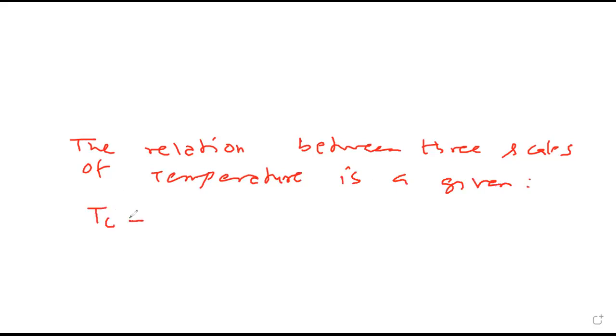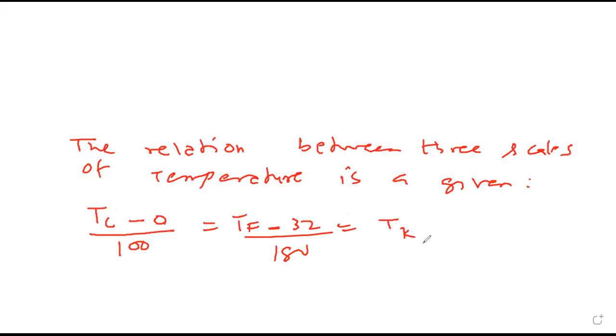T Celsius minus 0 upon 100 is T Fahrenheit minus 32 upon 180 is T Kelvin minus 273.15 upon 100. So this is the relation between the three scales.